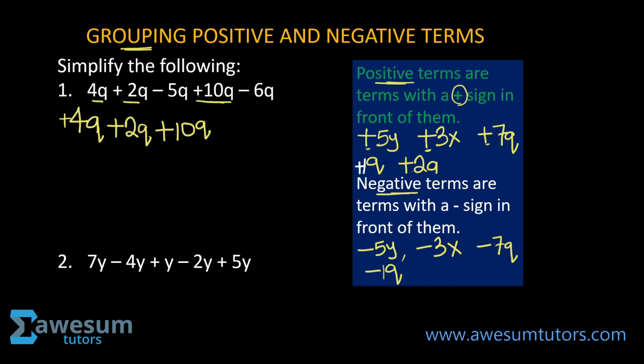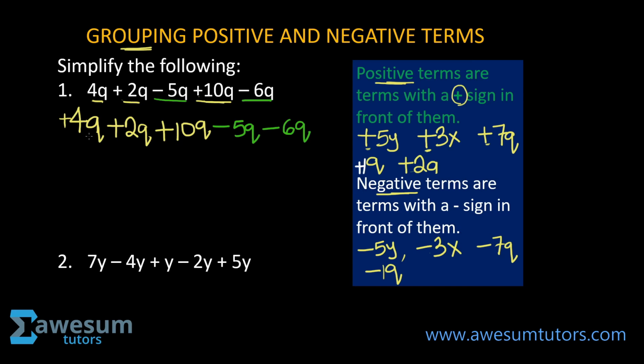Now let us bring the negative terms. So these are the negative terms. My negative 5q and this right here, negative 6q. Okay, so that's how you want to solve such a problem set.